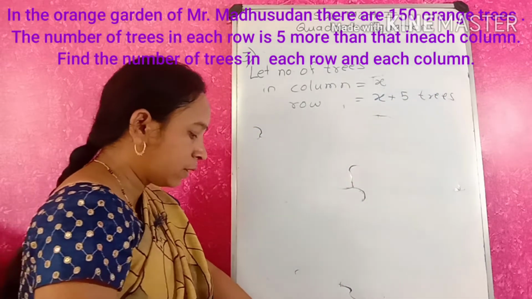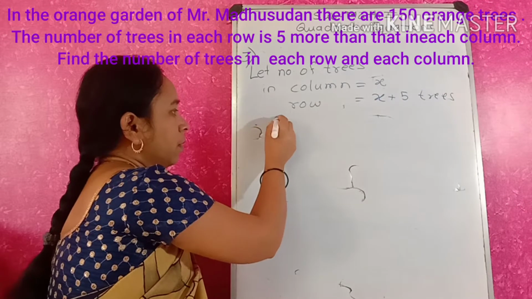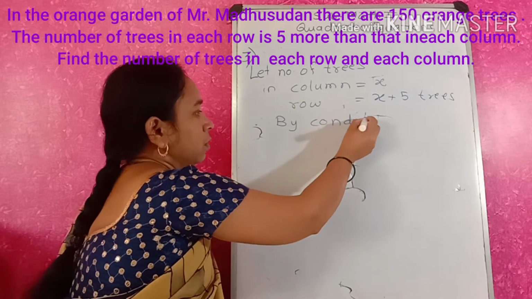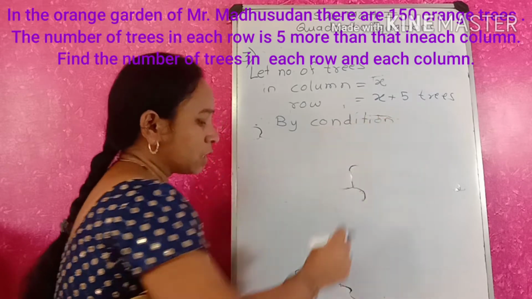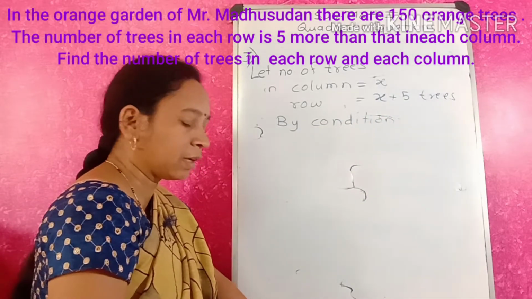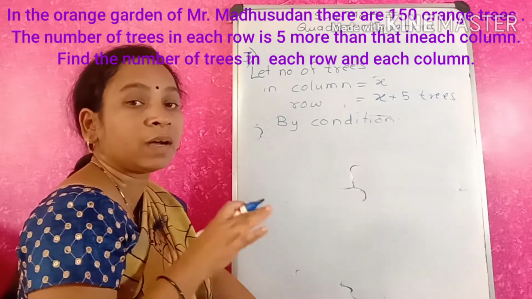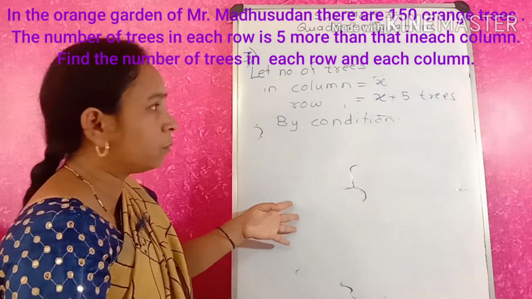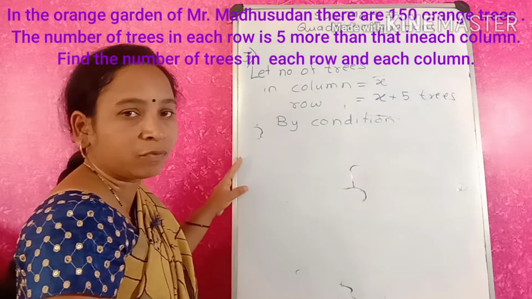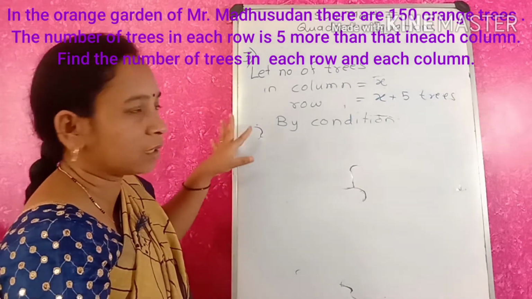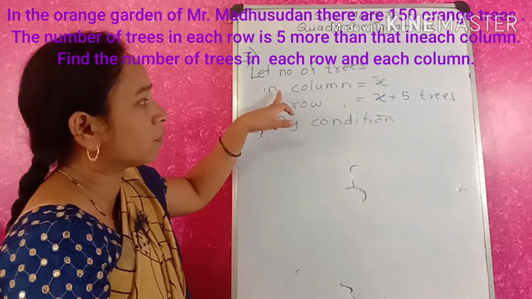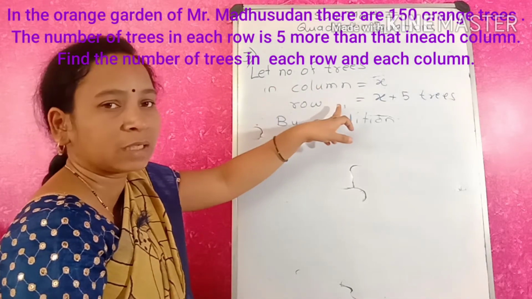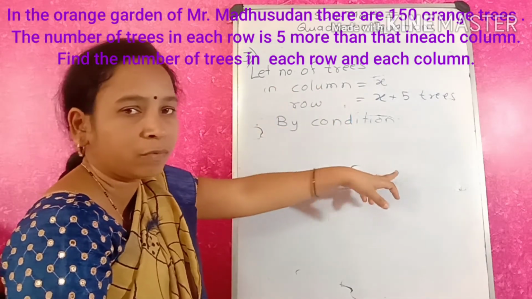Now they have given the condition, therefore by condition. What is the condition? What have they given? At the beginning they said that there are a total of 150 orange trees. Just now I have explained to you, if you want to find out the number of trees, what is the concept I have told you? That the number of trees in a column multiplied by the trees in a row is equal to the number of trees.